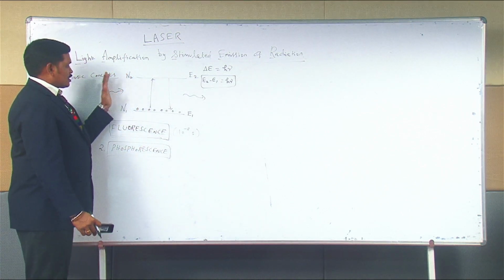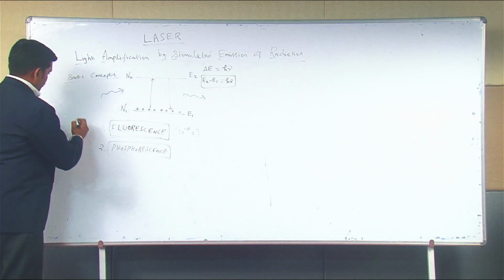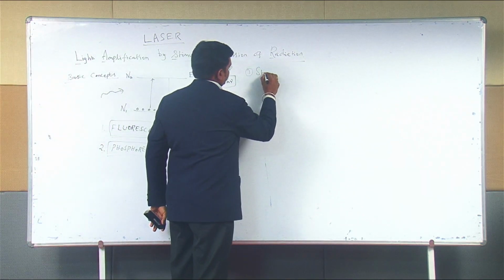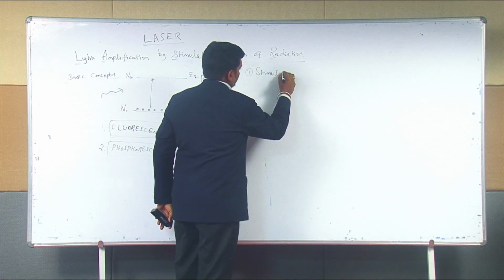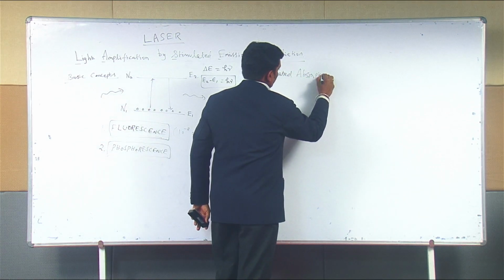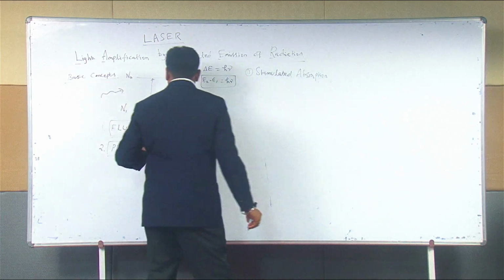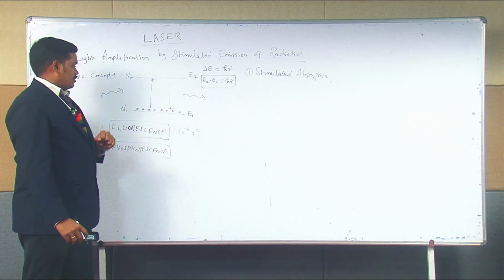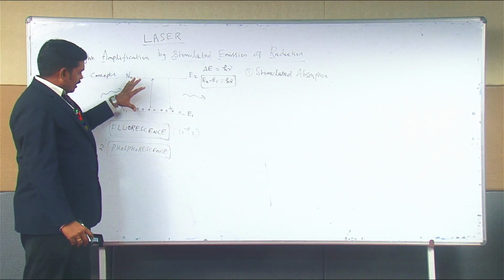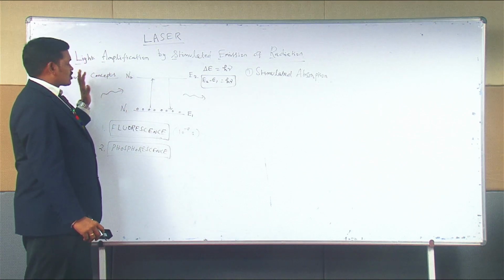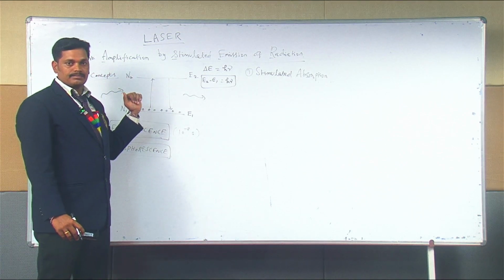So the first concept in laser action is stimulated absorption. That is why I have explained fluorescence as well as phosphorescence. So, what is stimulated absorption? As I mentioned earlier, the atoms or molecules in the ground state cannot absorb all external photons.